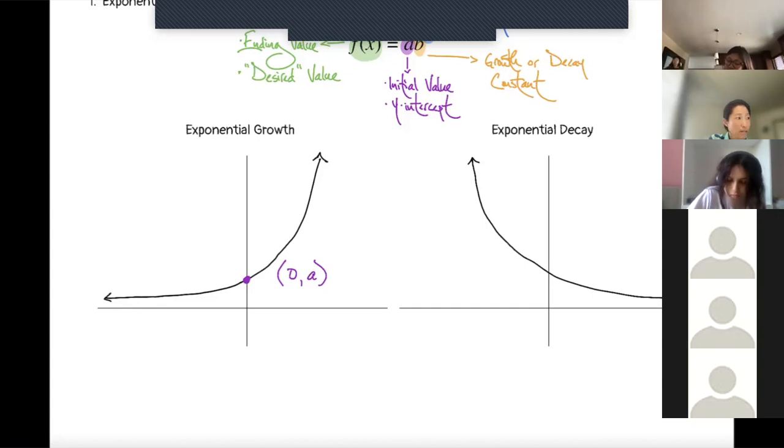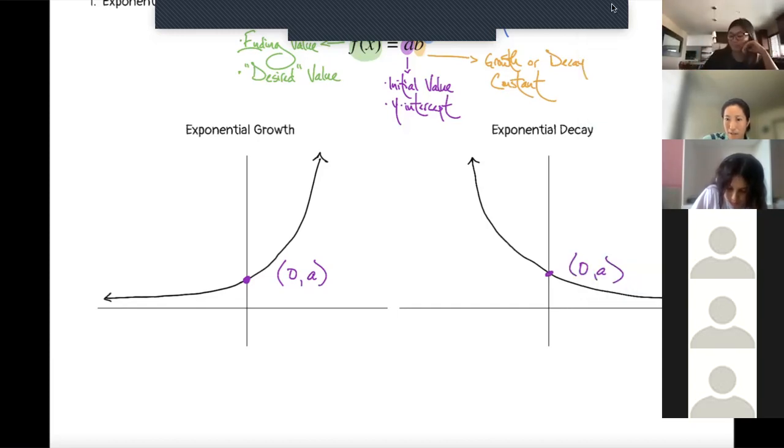There is also one more shared feature between these two. Both graphs also have something that looks like this.